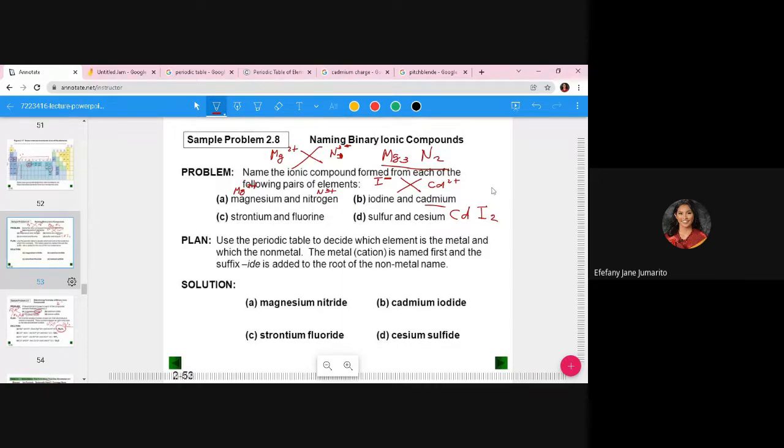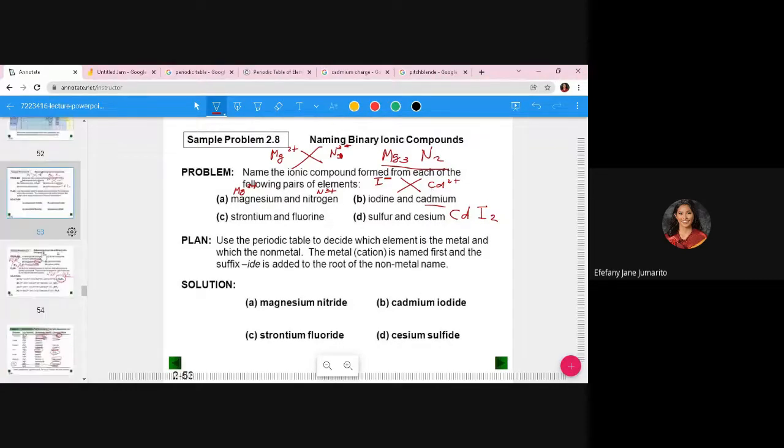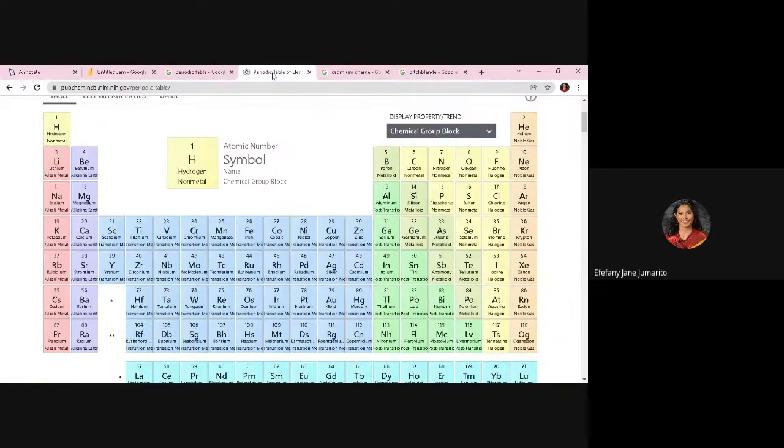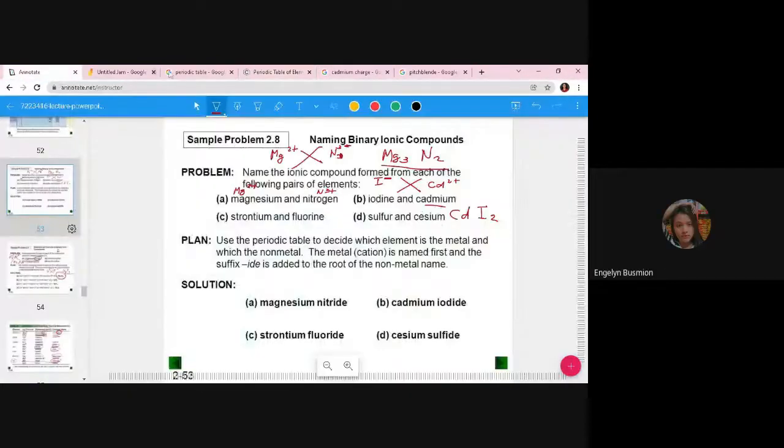Okay. What about letter C? Strontium, Sr. The charge of strontium is positive 2, atomic number 38. So strontium is Sr 2 plus.